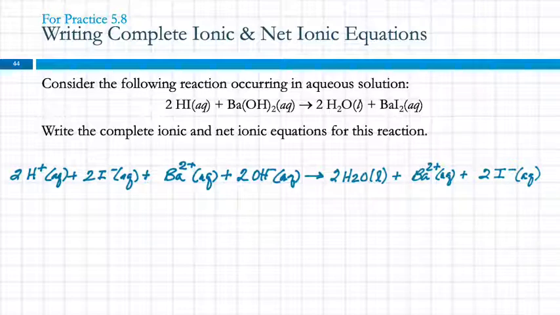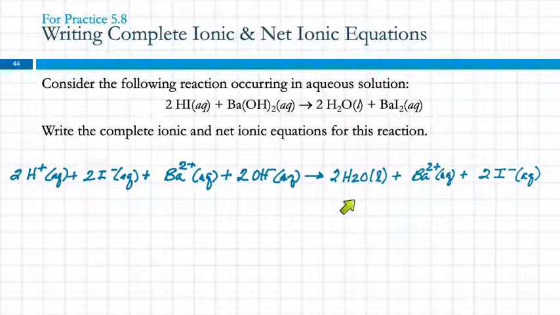Right. Solid or liquid or gas, we leave it alone. Because what we're trying to do here is describe what the solution actually looks like. And this solution, in the beginning, looks like we had hydrogen and iodide ions. Those came in a beaker together, and barium and hydroxide ions came in a beaker together, and those ions were completely separated from each other. When we mixed them, a chemical reaction occurred and water was formed.